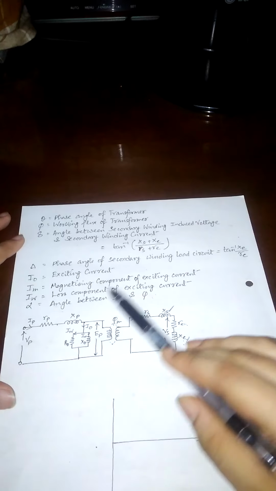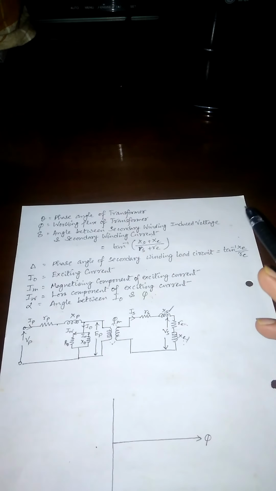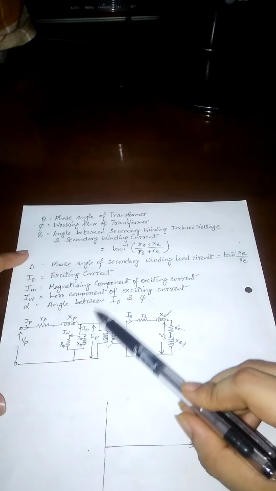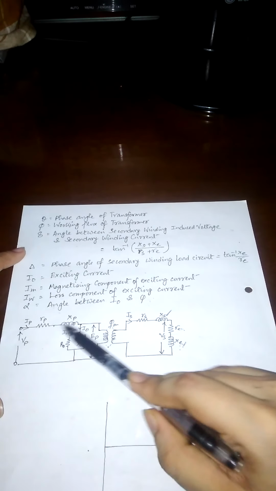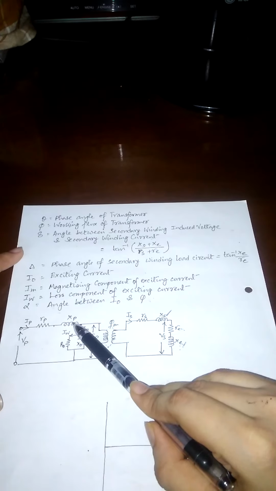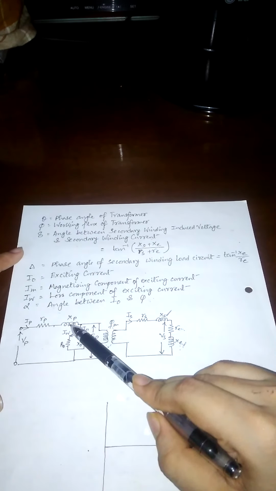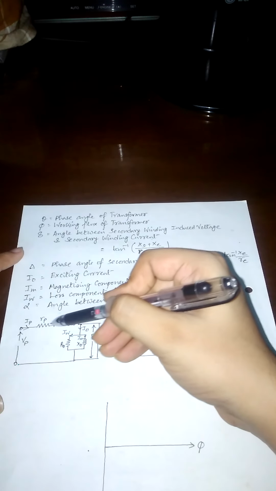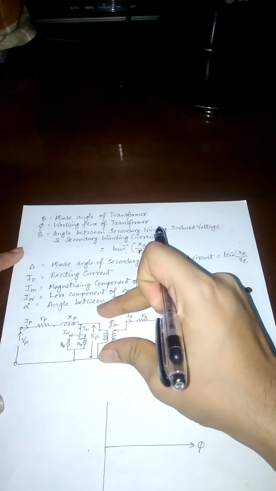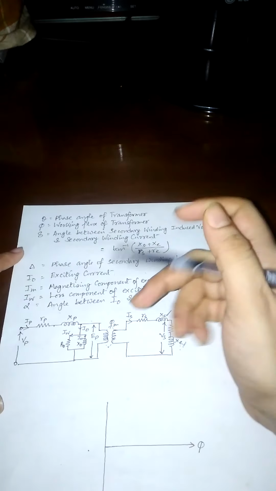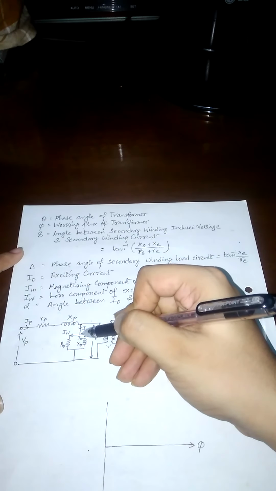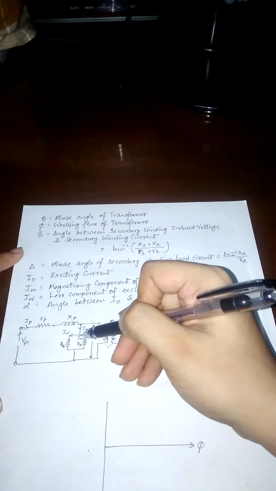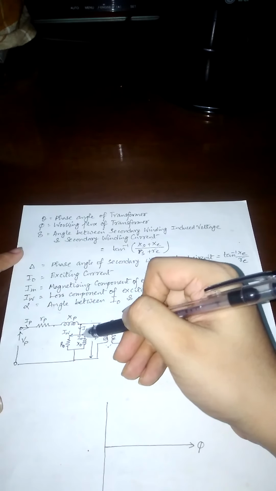Now here is the circuit diagram. We already know about the equivalent circuit diagram of a transformer. Here it is similar. RP and XP are the primary winding resistance and reactance, and this is the supplied voltage. The IP, primary winding current, is flowing through this. EP is the induced primary voltage. Here the I0 is the exciting current, which is divided into two parts, IM and IW.